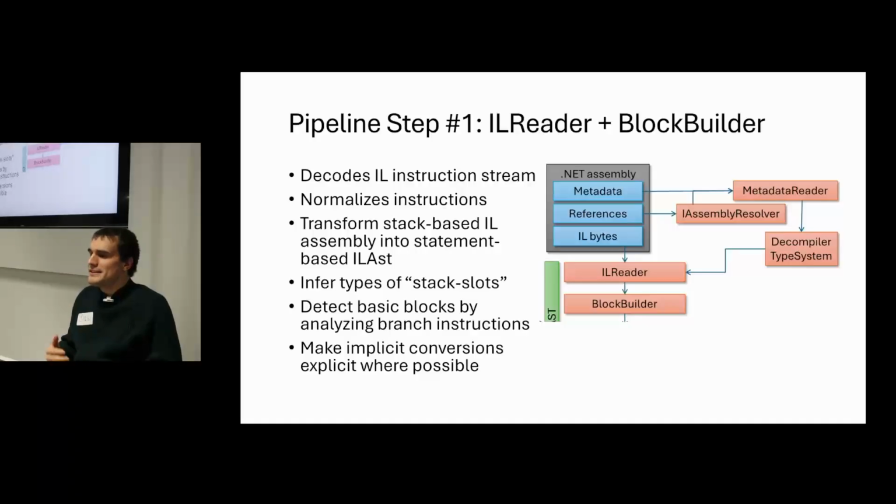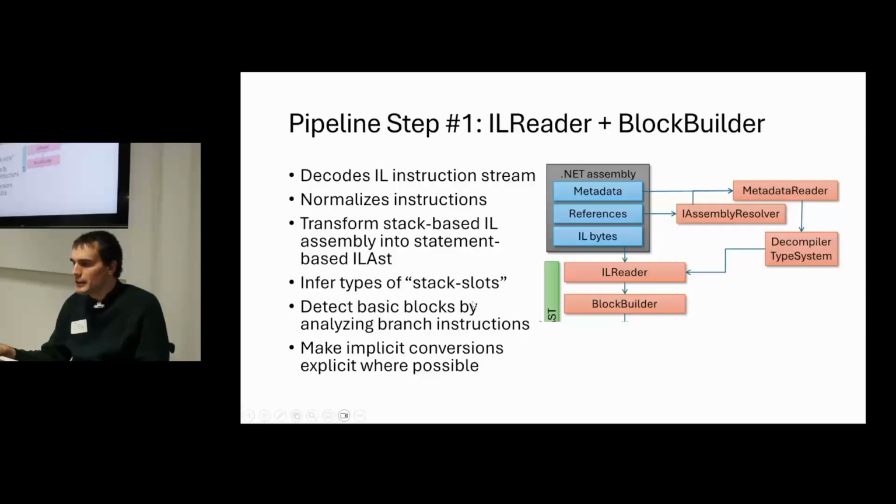Then we construct a statement or expression tree that's more similar to C# than to IL, because IL is just a sequence of instructions and we build expressions out of that. And we do some inference of types, because in IL there are basically just numbers and you need to reverse engineer the types for some parts.